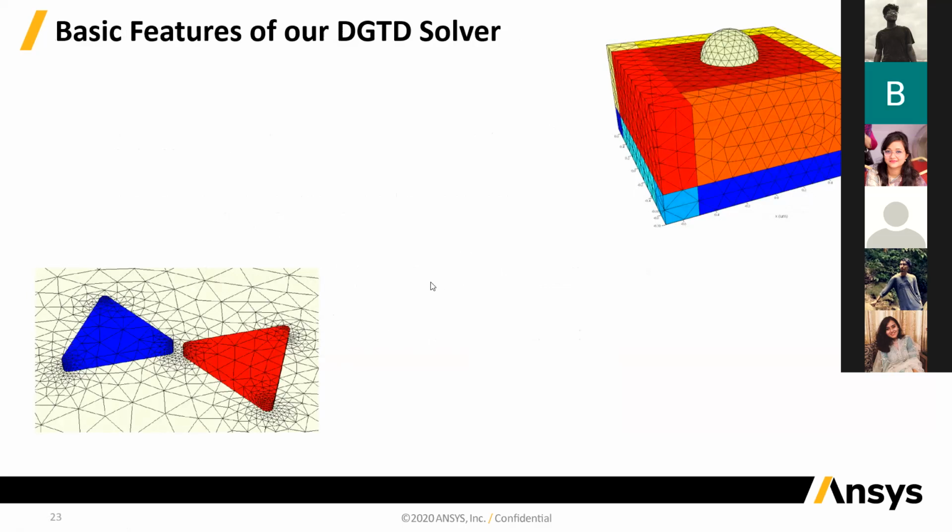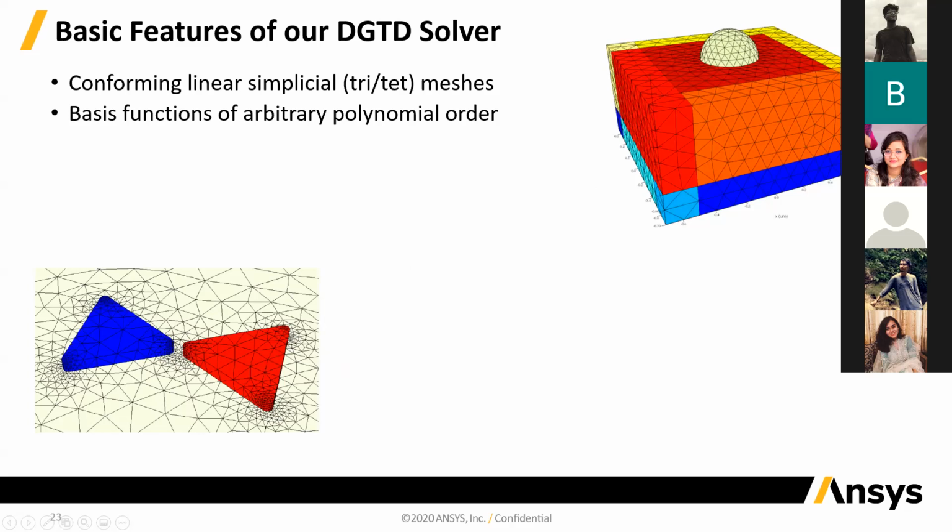As you can see, the triangular mesh for a 2D simulation case, or tetrahedral mesh for 3D, allows you to accurately model curved corners and complex structures very easily. And so that's how it allows you to overcome some of the limitations that FDTD and FDE can face in certain applications.